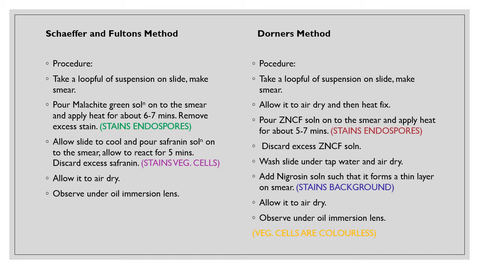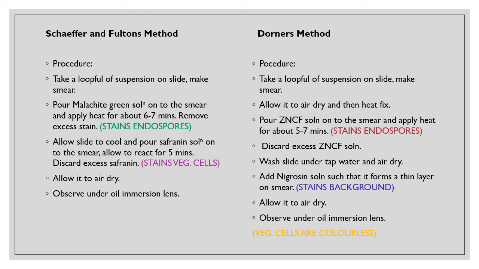So the principle behind this Schaffer-Fulton method is that the spore coat is impermeable to most of the dyes. Okay, so by using heat as accentuator, the permeability of the spore coat is increased, or we can say it is altered, due to which malachite green penetrates the spore coat and stains the endospore.